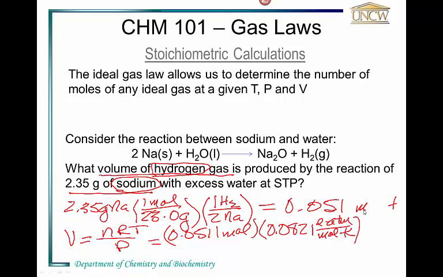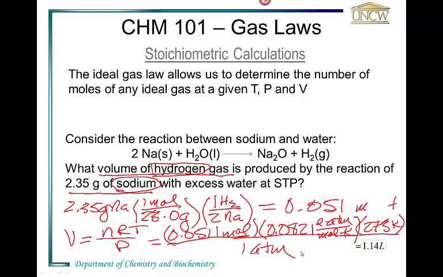We know the temperature. Standard temperature is 273 Kelvin. And we know the pressure, 1 atmosphere. And if we do that math, it turns out we have 1.14 liters of hydrogen.